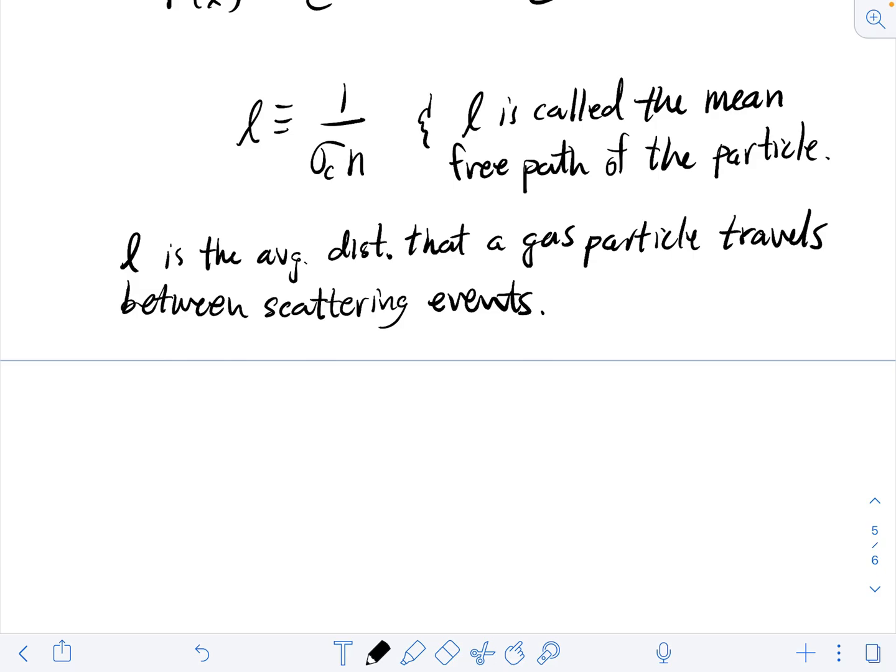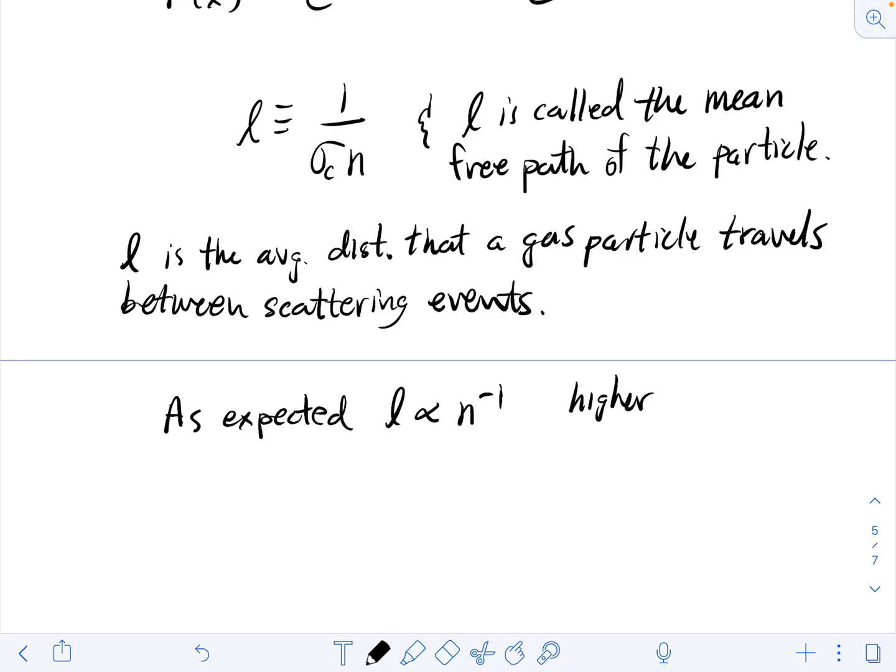They occupy more of the available volume. And also as the scattering cross-section goes up, the size of the particles goes up, then the mean free path goes down. So as expected, the mean free path is inversely proportional to the number density.